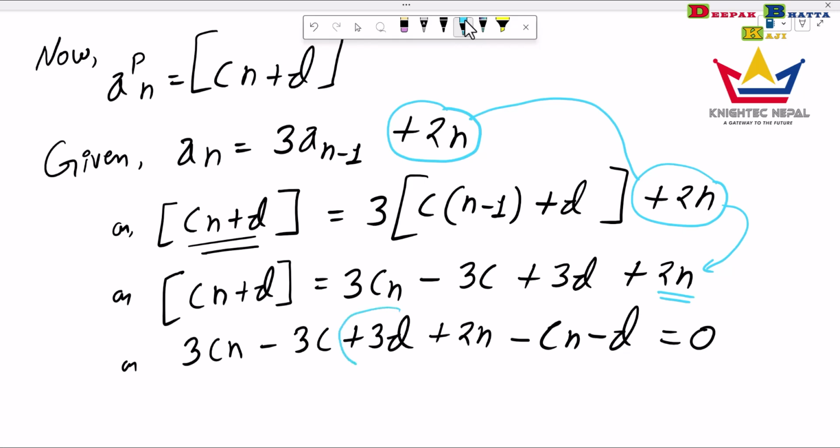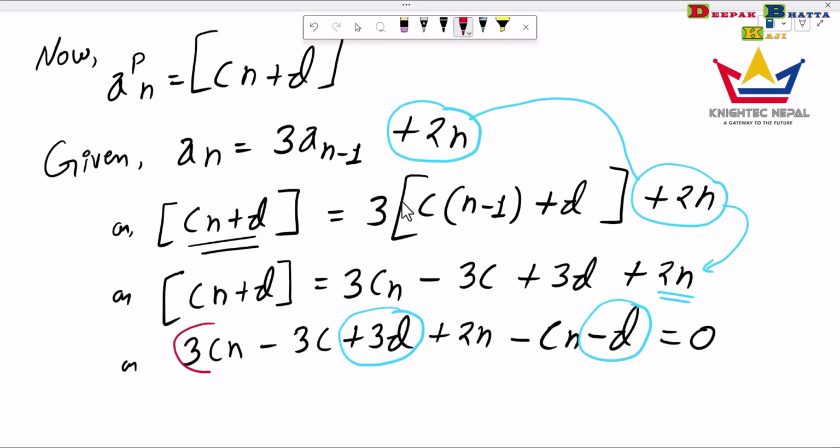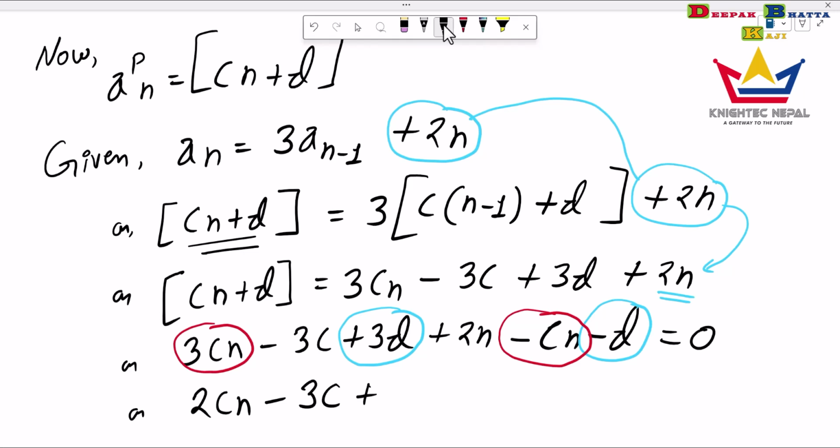So plus 3d minus d, and 3Cn with minus Cn. So we got here, after making the same terms, 2Cn minus 3C plus 2d plus 2n equals to 0.